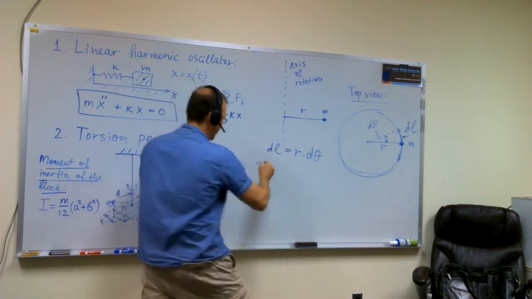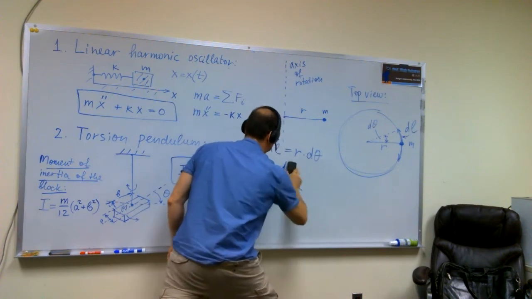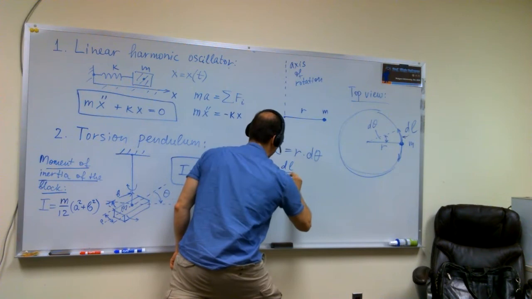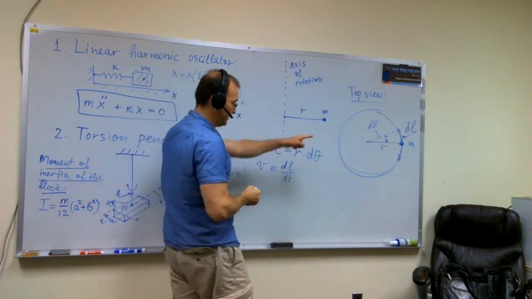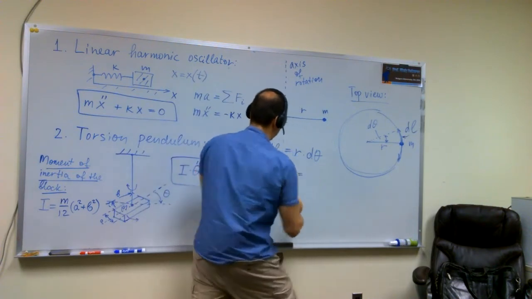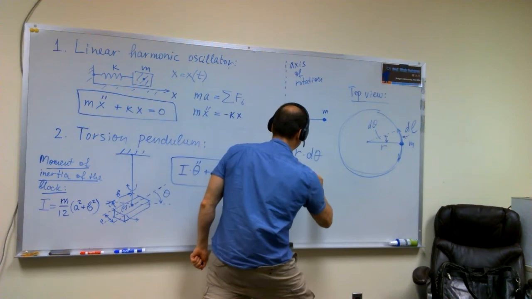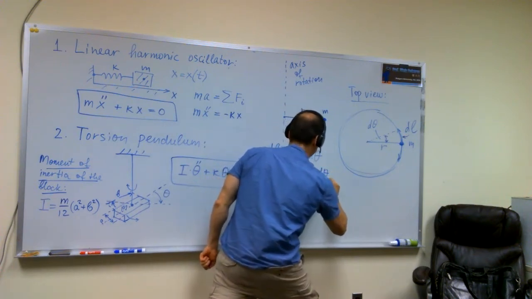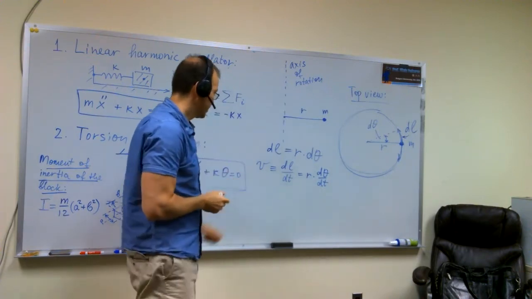But anyways, V by definition is dl/dt, right? R is a fixed constant in this problem. So plugging this in, we get R d theta/dt, right? So this is velocity.